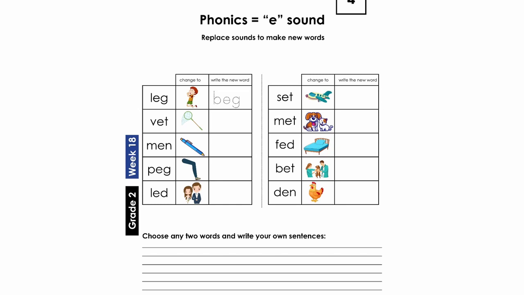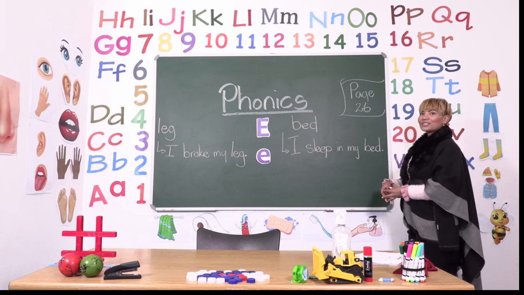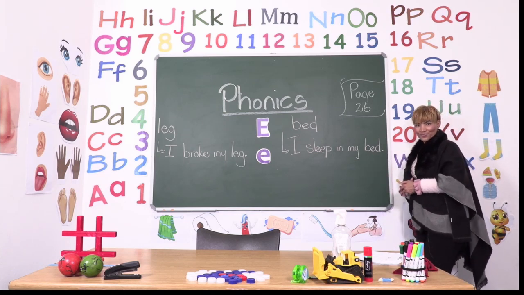Great job. Now they say in the next part of this activity, choose any two words and write your own sentences. I have chosen two words that I have written down on the board for you.